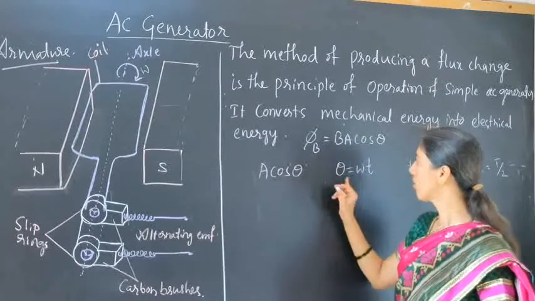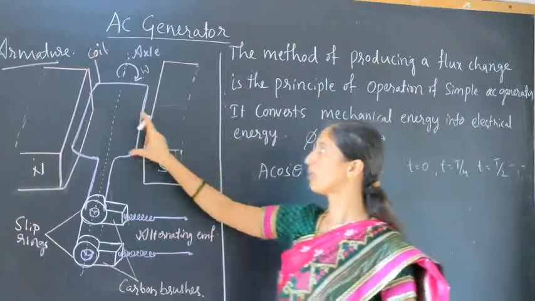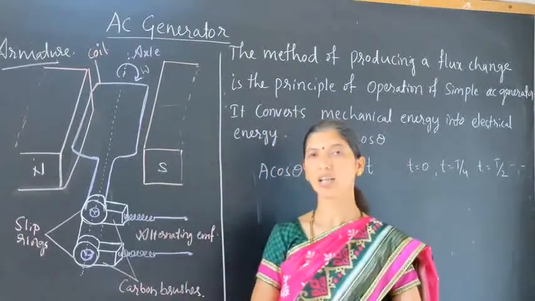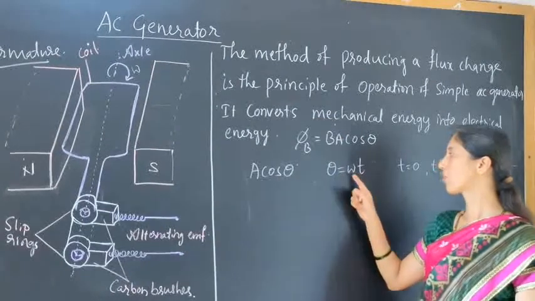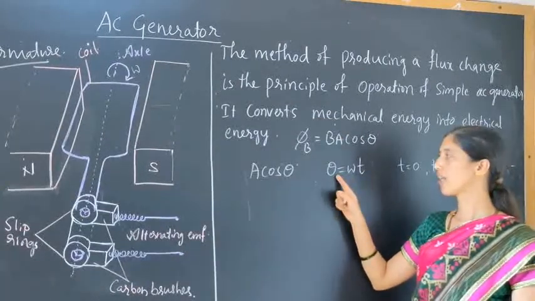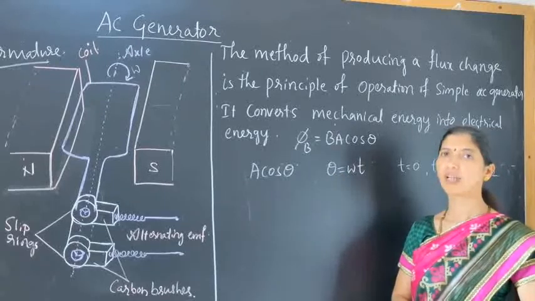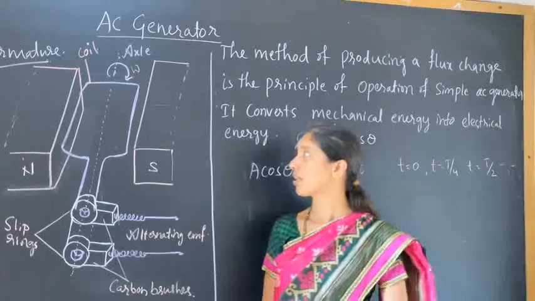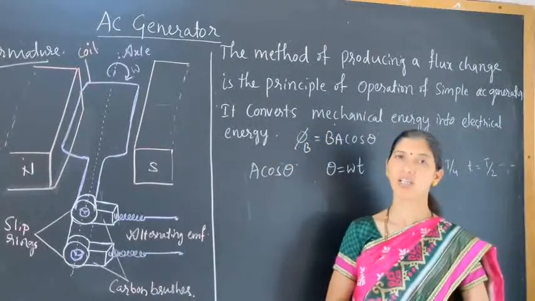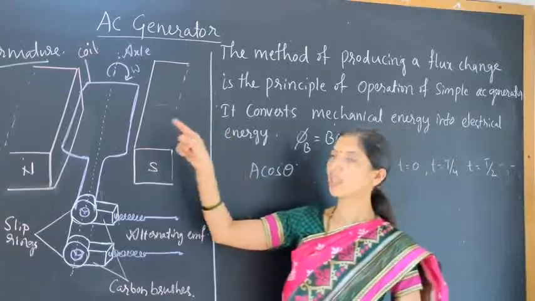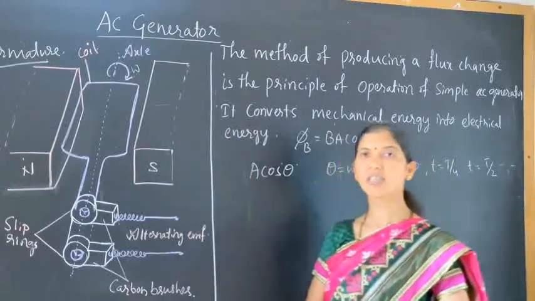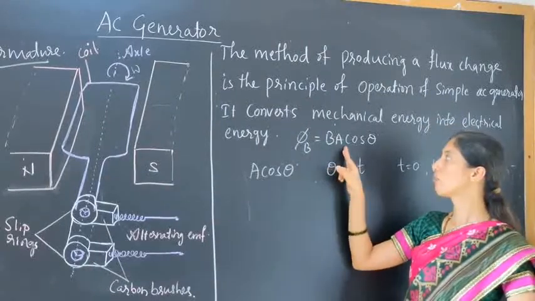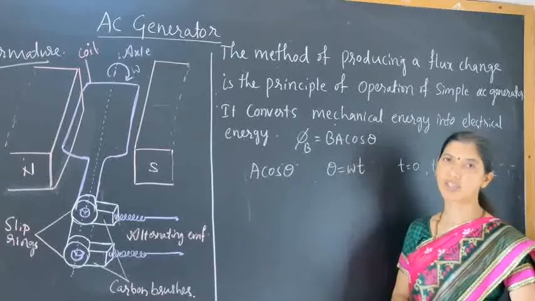Theta is equal to omega t when the coil rotates with a constant angular speed omega, where theta is the angle between the magnetic field vector B and the area vector A. As a result, the effective area of the coil exposed to the magnetic field lines changes with time. Therefore, the flux phi B is equal to B A cos theta.